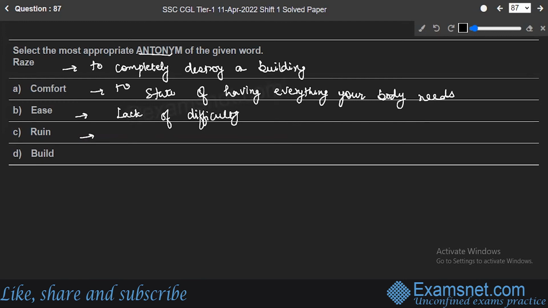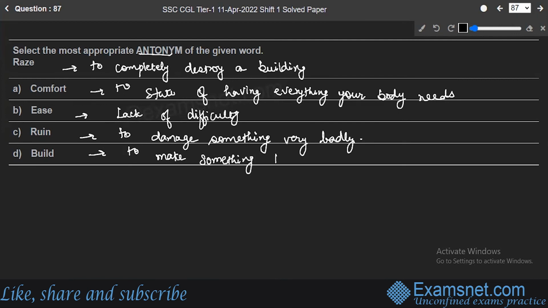Then ruin means to damage something very badly. And build means to make something by putting pieces together.